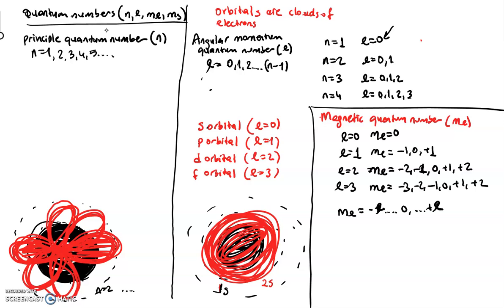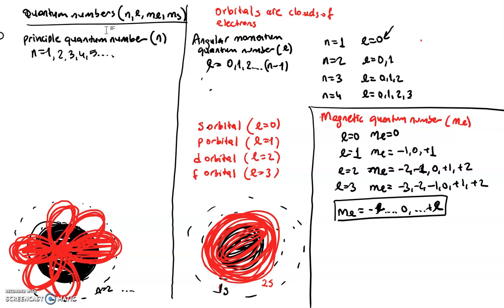If you have L equals 2, you're going to have -2, -1, 0, 1, and 2. So this is going to let us know the mL numbers. Again, let's go over it. Quantum number n is going to let us know how far from the nucleus. L is going to let us know what the shape looks like. And mL is going to let us know how they are oriented in x, y, z dimensions, right? Okay.